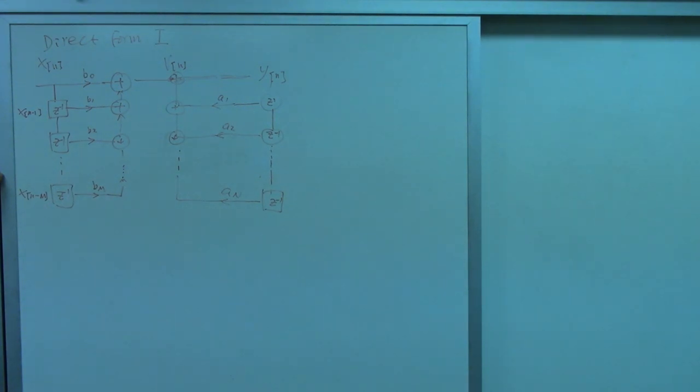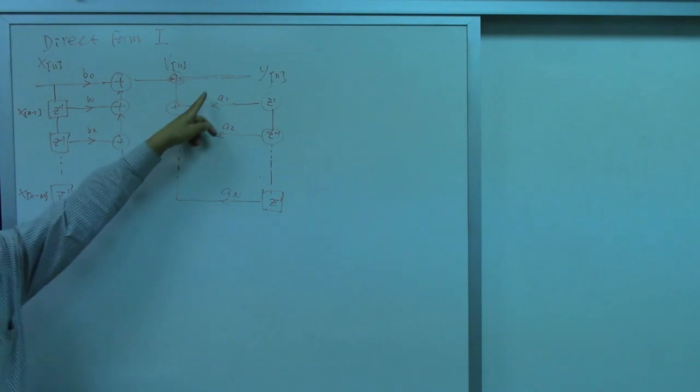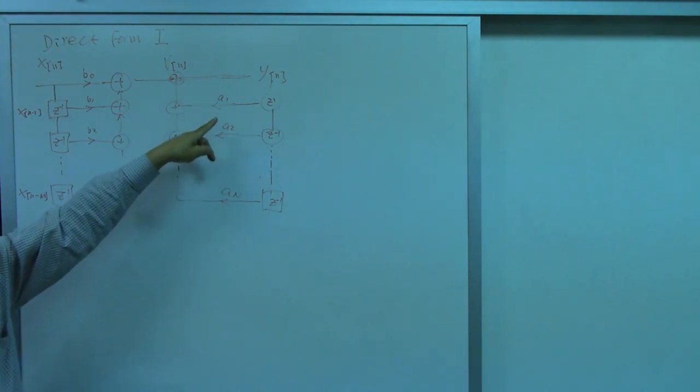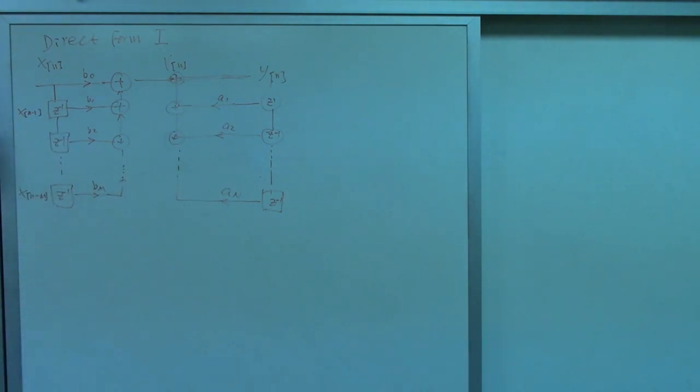Here you need to make sure the coefficient of y[n] must be equal to 1, and those b's are the coefficients for the input. Those coefficients a_k are the negative coefficients of the output.